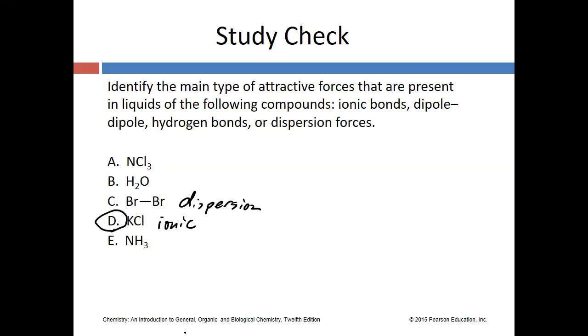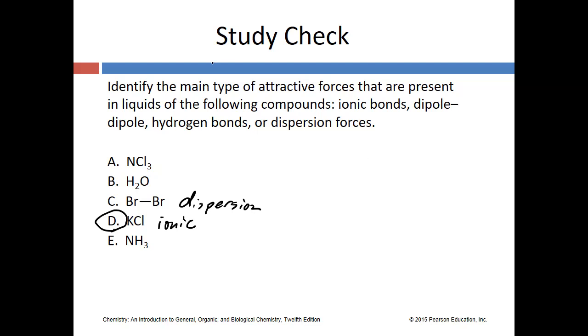For the others, we could go to the values on the Pauling scale. Let's just assume for a second that they are all polar. If they're all polar, then what we're looking for is, can we find any of these that have hydrogen bonding in them? How do I identify hydrogen bonding?